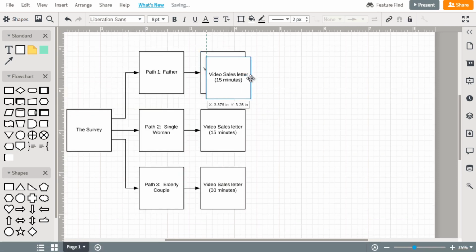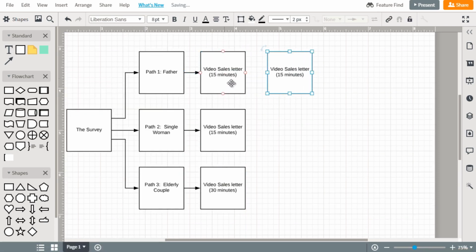Then we can make the offer, or maybe we make the offer here. But then we found out the fathers, maybe they do buy, but we're going to add them to an email autoresponder so that we give them valuable tips, maybe for 7 days, so day 1 through 7.